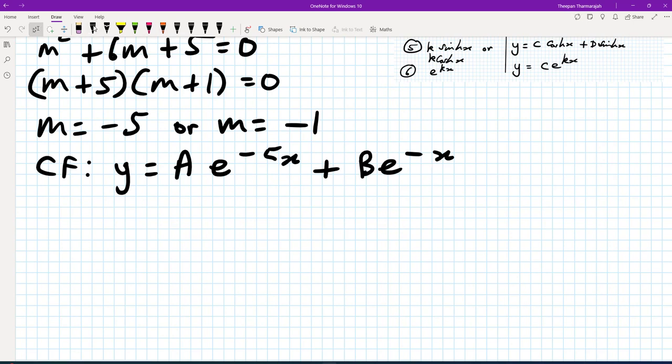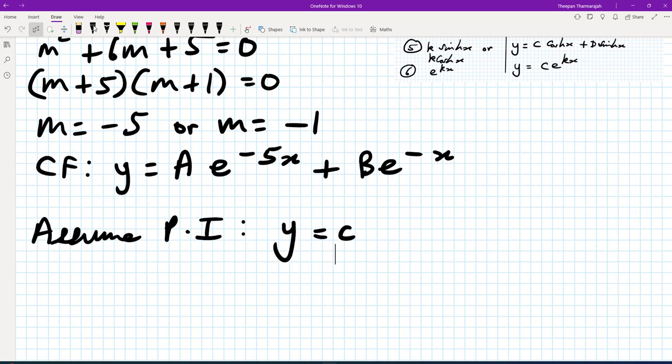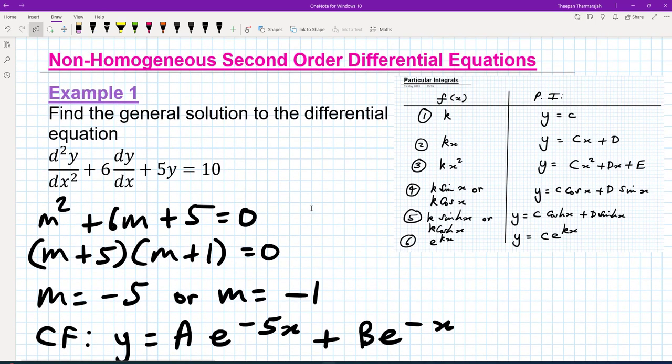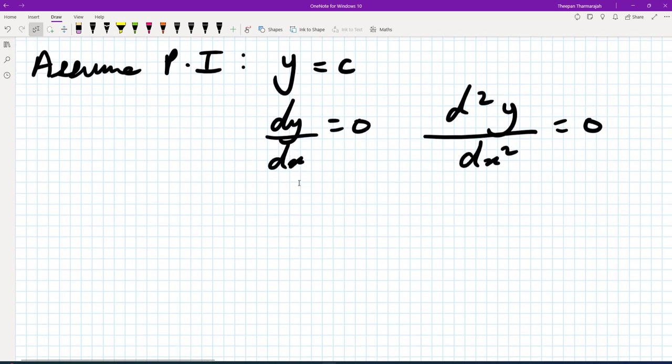So now our particular integral, because our differential equation is equal to a constant 10, we're going to assume that our PI y equals c. We differentiate these, dy by dx equals 0, d2y by dx squared also equals 0. Substitute these into our equation. 0 plus 6 times 0 plus 5 times whatever the particular integral was equals 10.